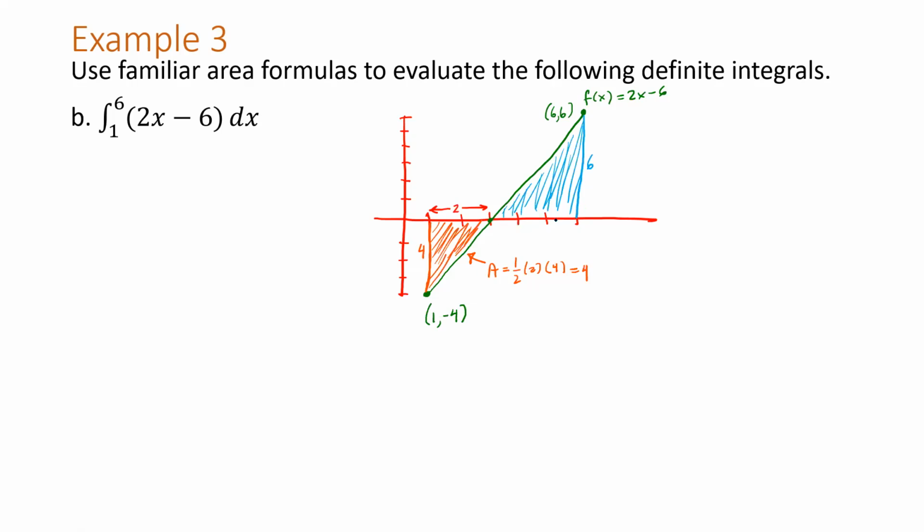And the base along this side would be 3. Okay, so therefore the area of this triangle here is again 1/2 base times height. I think that's 9.